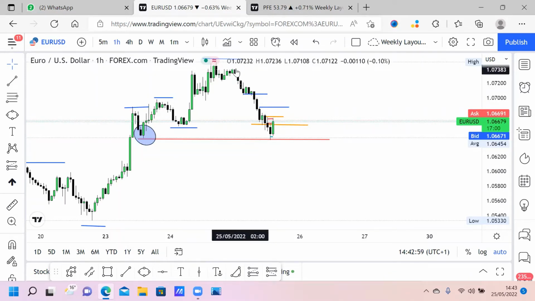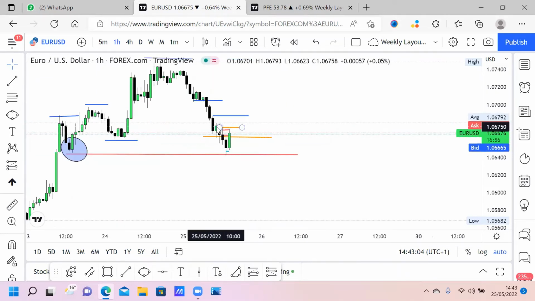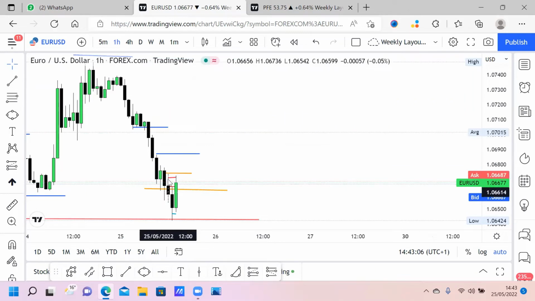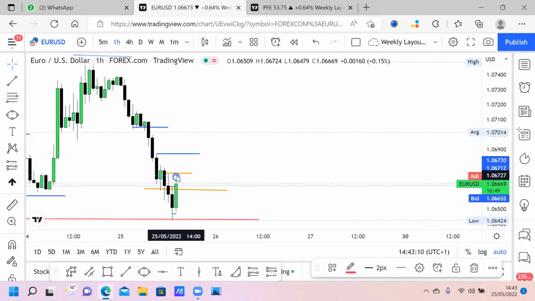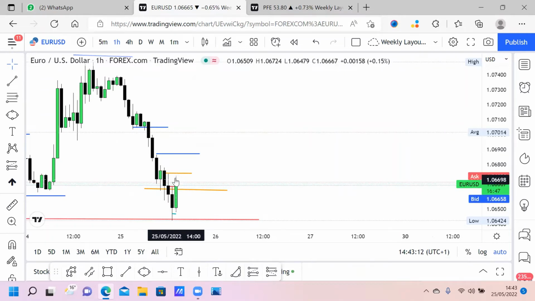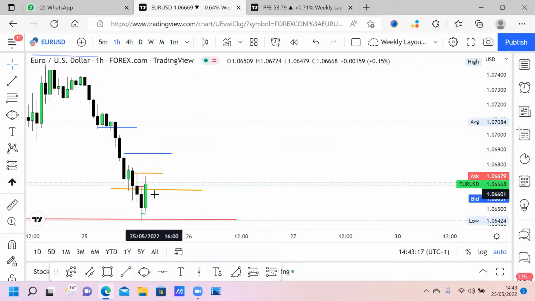So if you look carefully here, price is going down, but this green candle did not take the black candle out. Meaning this wick is not above this black wick. So that means the trend is still down, even though temporarily it's a green candle.